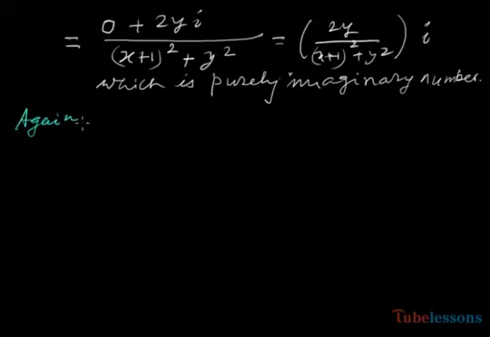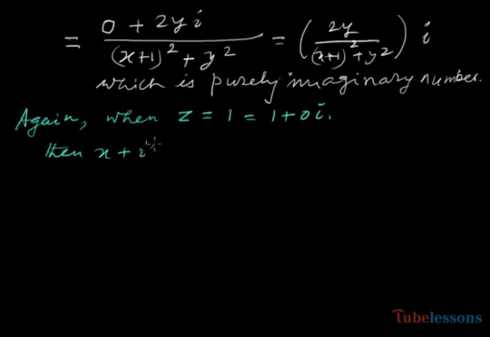Again, when z is equal to 1, that is 1 plus 0i, then x plus iy gives x is 1 and y is 0.